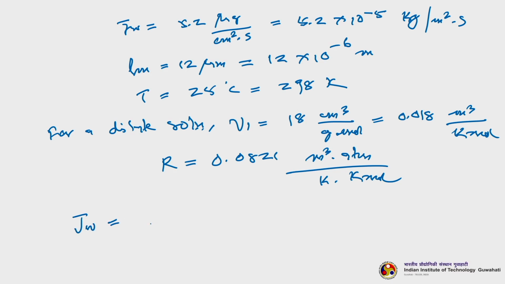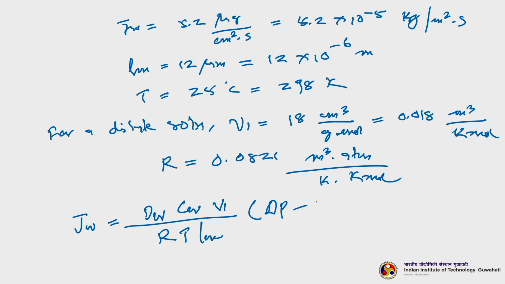So, Jw equals, again I am just writing, Dw Cw V1 divided by RT, Lm is the membrane thickness, then delta P minus delta pi.